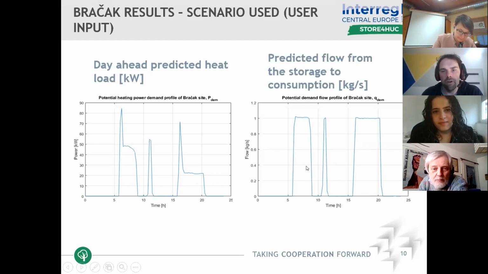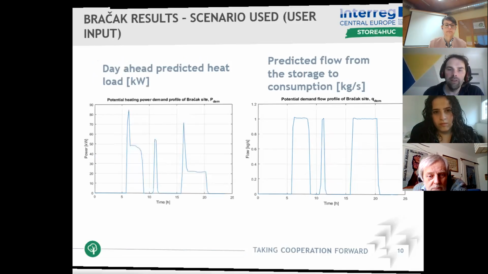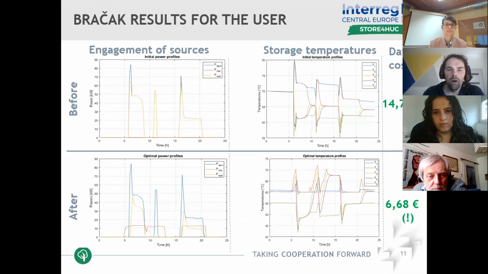We have 3 periods when the flow is about 1 kilogram per second, and in other periods the flow is 0. Okay, so these are the data needed for the scenario. Once you have a parameterized model, this more complex one with several layers in the storage, we can see what we have as results.